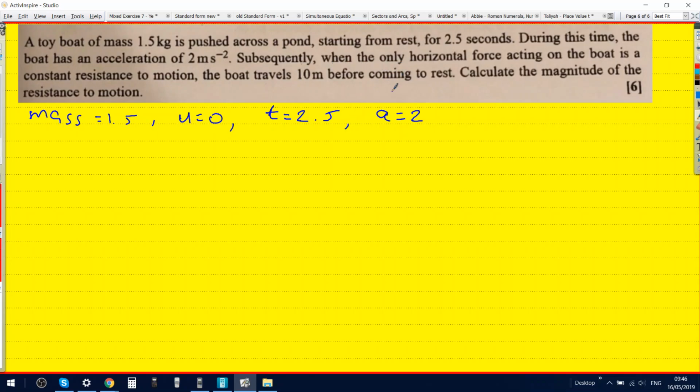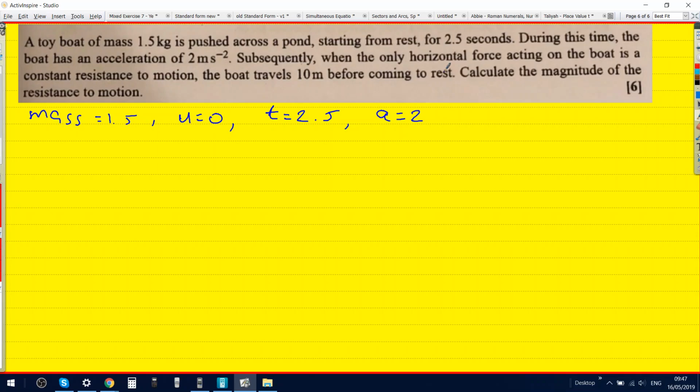Subsequently, when the only horizontal force acting on the boat is a constant resistance to motion, the boat travels 10 before coming to rest. So I think there's two different journeys here. One is this first part where it starts from 0 and it accelerates at 2 per second for 2.5 seconds. So that's the first half of the journey, and then for the second half of the journey, it stops accelerating.